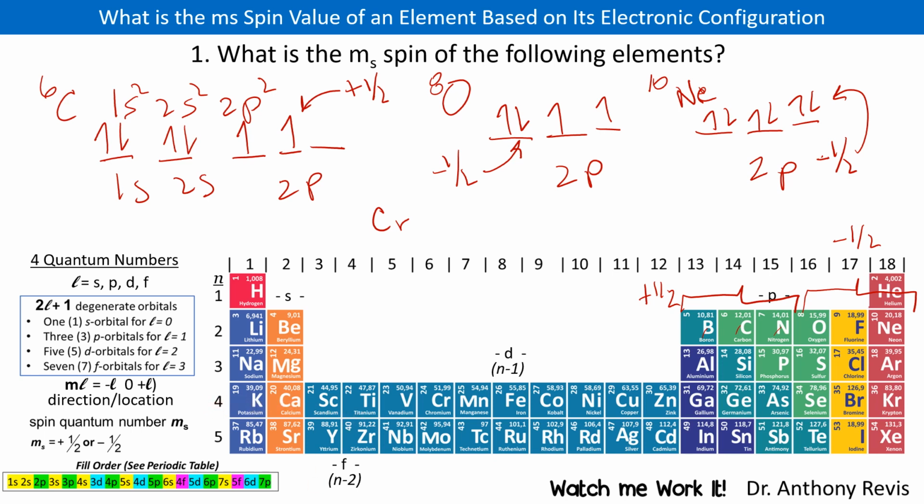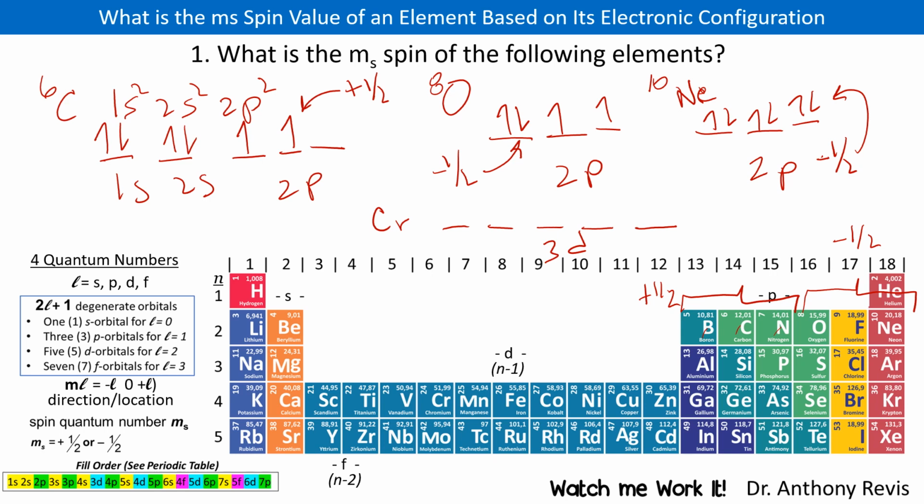And so we are going to draw out our 5 degenerate levels for the d orbitals. D orbital has 5. Since it has 5, that means it maxes out at 10 electrons. So this is going to be our 3d. It's 3d because it's n minus 1.